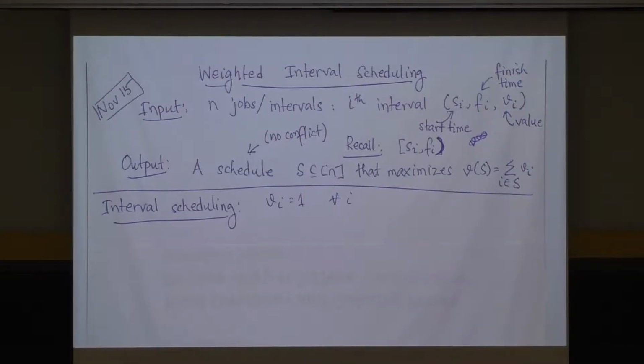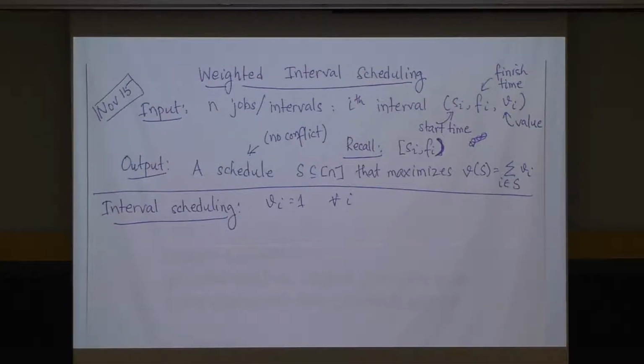Okay, so what we're going to do next is, as I said, we'll try to come up with a recursive formulation of the problem. And this step is pretty much true for all dynamic programming algorithms. What you do is you try to reason about the optimal solution to the problem. So in this case, we'll try to reason about the optimal solution on n intervals in terms of optimal solutions on a smaller number of intervals.